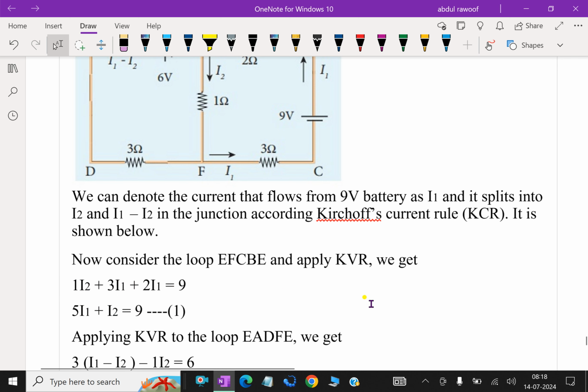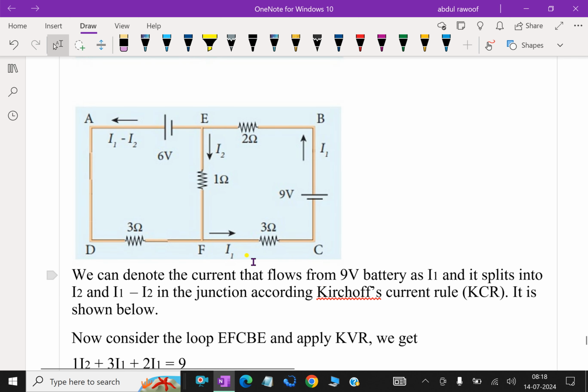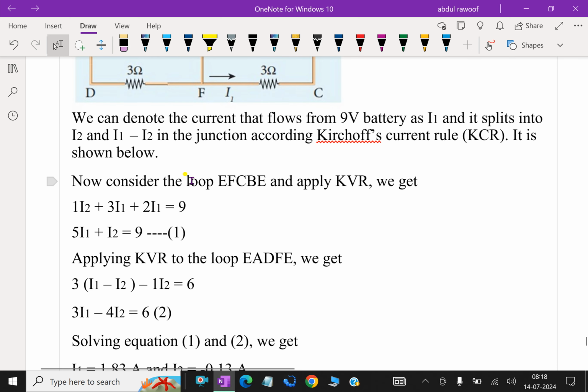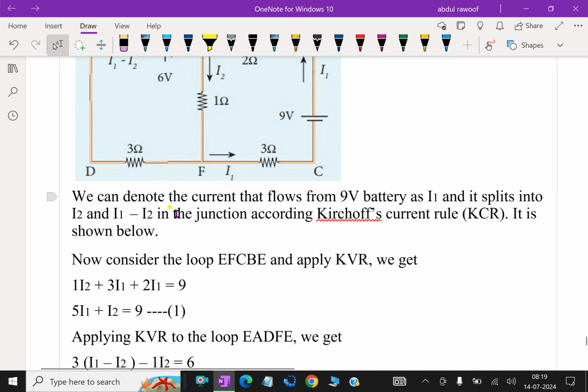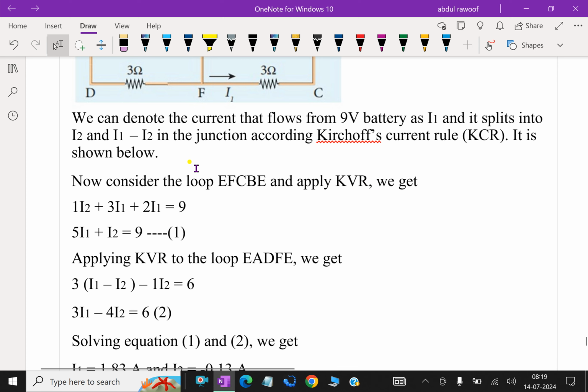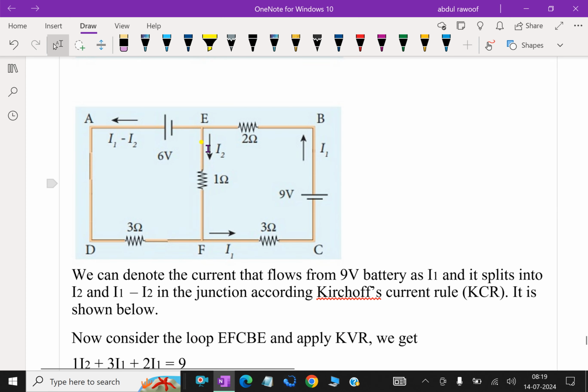Applying KVL to the loop EADFE. EADFE, this circuit, look here, 3 ohms into I1 minus I2.